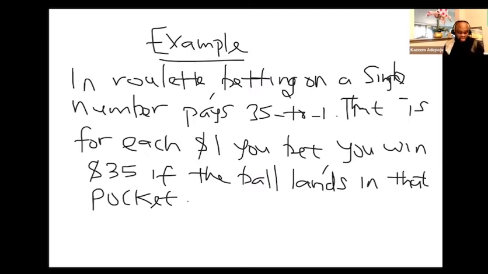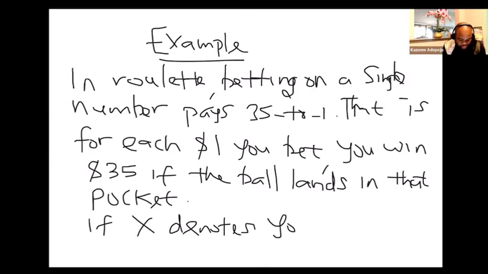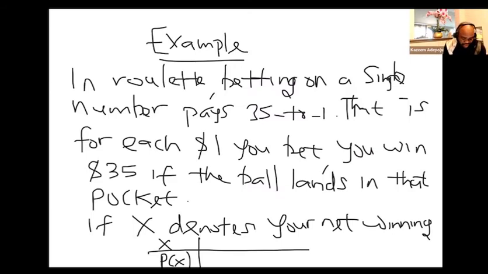If we let X, a random variable, denote your net winning, then we're going to have a PMF giving us a kind of table: -1 and 35, with probabilities 37 over 38 and 1 over 38, because of the probability of you winning.